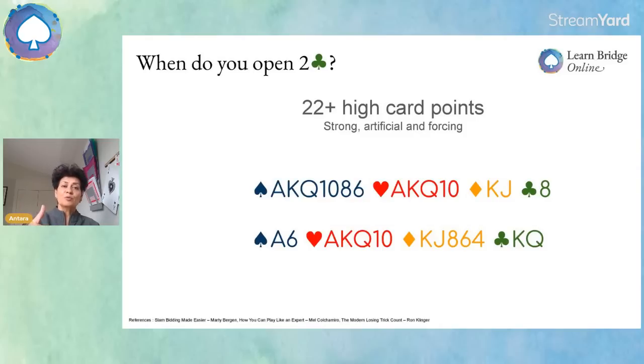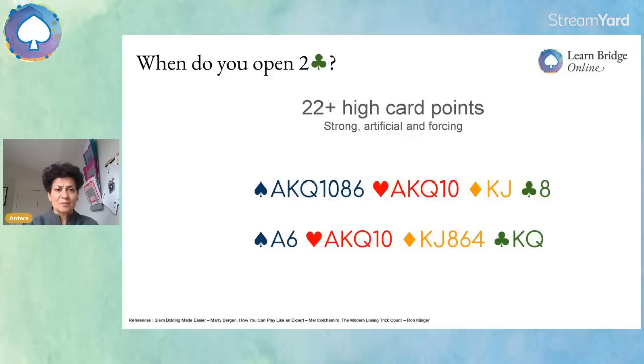It's forcing because partner cannot pass our 2 club bid. I could have 1 or 0 clubs even, perhaps. And partner knows that we've got at least 22 plus points, and they are forced to bid 2 diamonds, or whatever your partnership agreement might be, in order to take this forward. So you open 2 clubs, traditionally 22 plus high card points, and this is a strong, artificial and forcing bid.